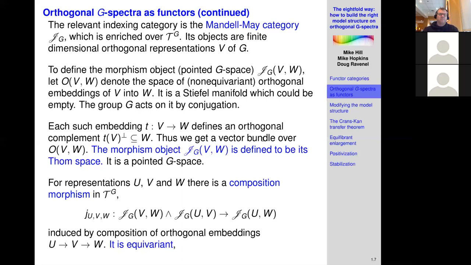Now, this composition morphism is equivariant. Remember, all the spaces in sight have G actions, and this map is equivariant, even though the orthogonal embeddings that we're considering don't have to be equivariant. It still turns out that this composition morphism is equivariant.